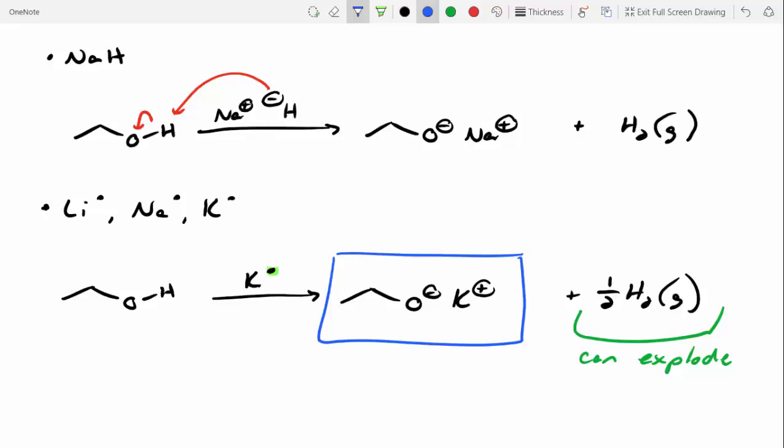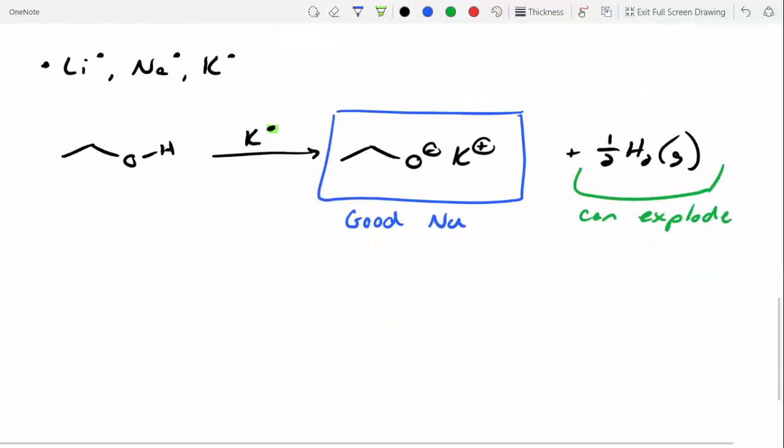for synthesis. If we look at this, what do you think we could do with the alkoxide anion? We could form ethers. So in this case, this is a good nucleophile. So it could attack an electrophile and form a new carbon-carbon bond via an SN2 reaction. We saw that last term. It also is what else?